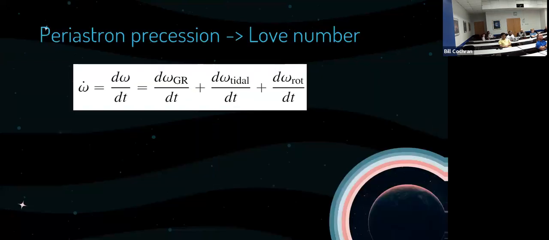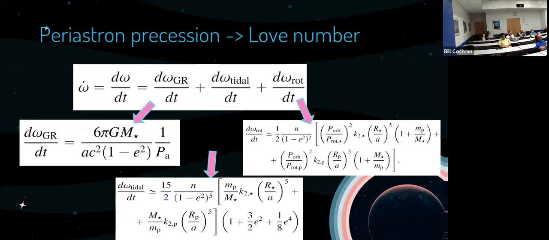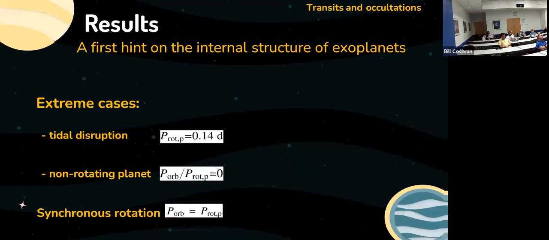So at the end, we had to go back to the Love number, the equations I showed you before. We inserted omega dot in these terms here, and we derived the Love number. But of course, we had to make assumptions on the rotational period of the planet, which we don't know. So we have two extreme cases.